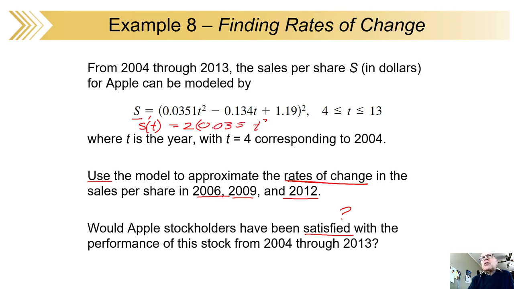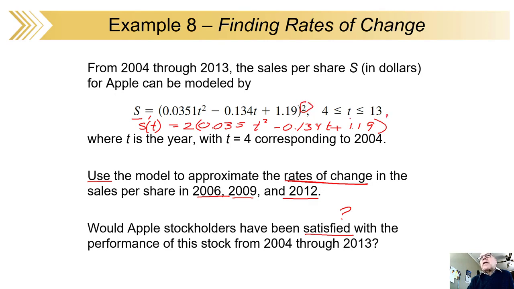0.035 t squared minus 0.134 t plus 1.19. So you treat the first part without changing anything that's inside. Once you've taken the derivative of the outside function, 2 out front, 1 up here.